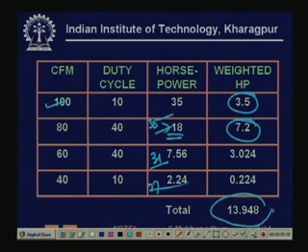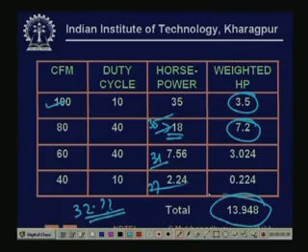So, now the average horsepower requirement is 13, where the previous one was some 32 point something. So, you can imagine what amount of power saving has been achieved, almost 20 horsepower, which is 14,000 kilowatts, right.